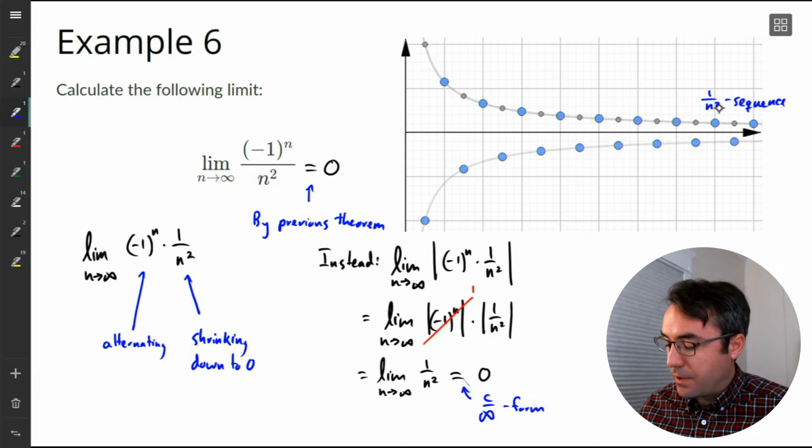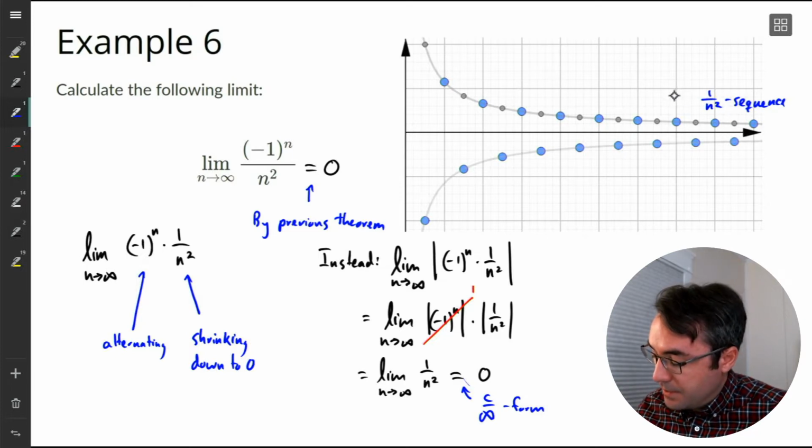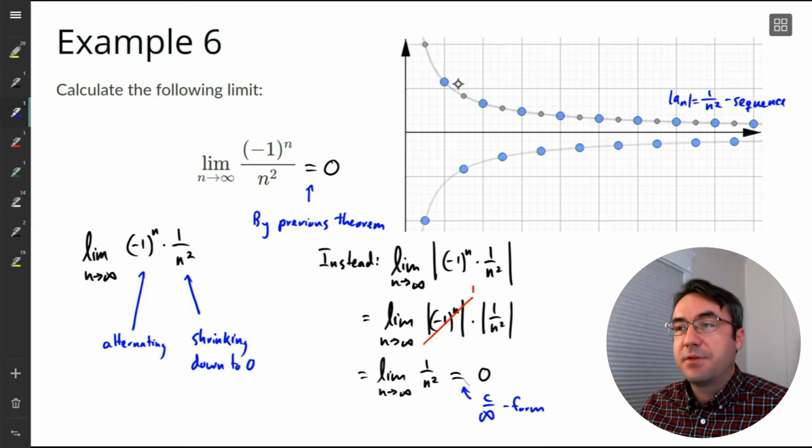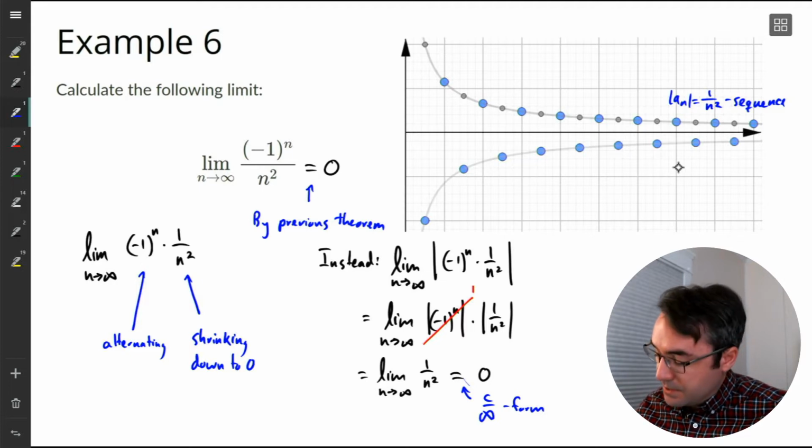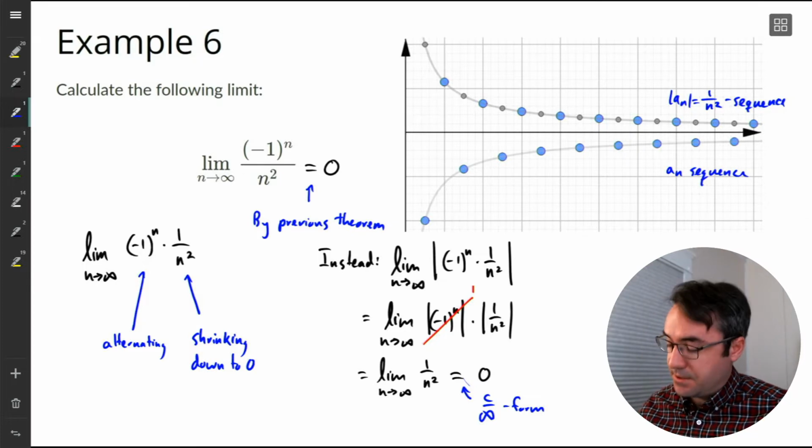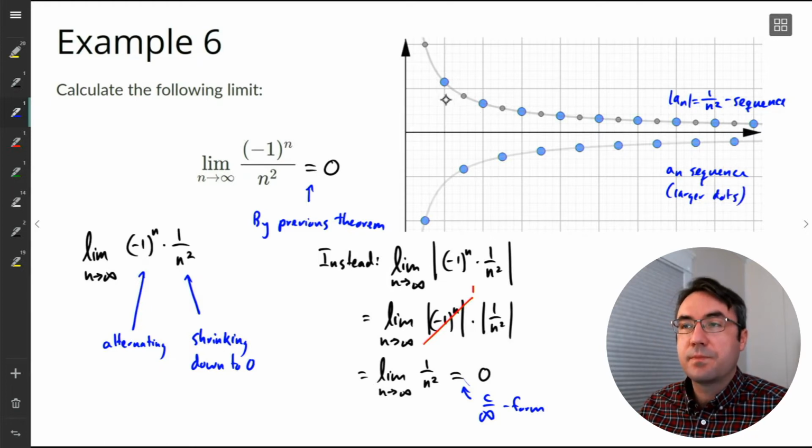So the 1 over n squared sequence, which is really the absolute value an sequence, is everything on this upper curve. And then our original sequence is the larger dots. So you can see, even though they're alternating back and forth, they're still approaching 0.